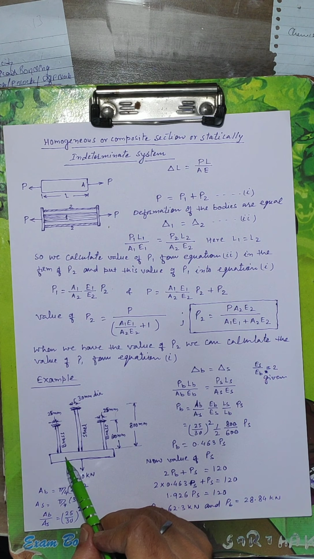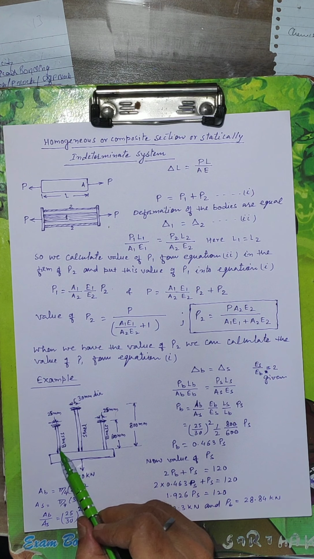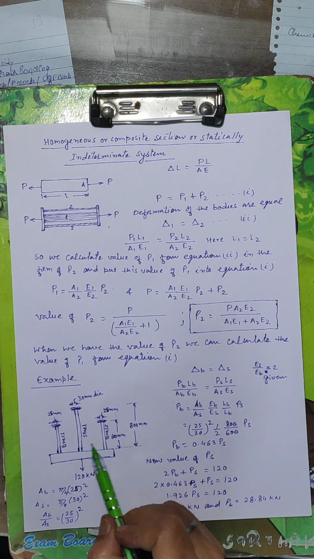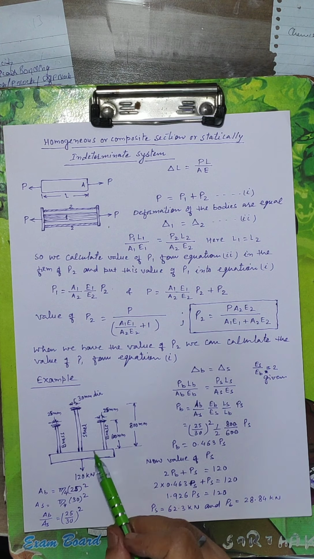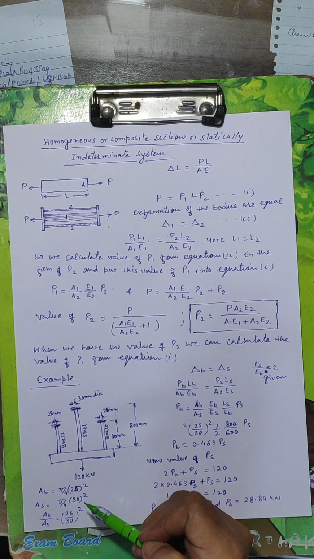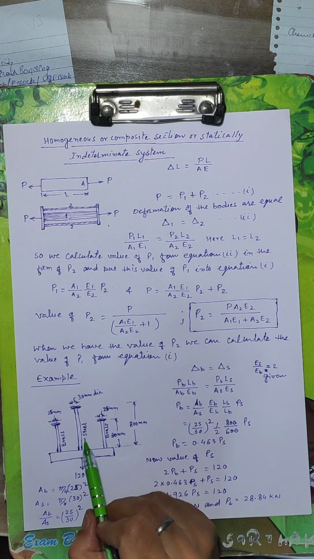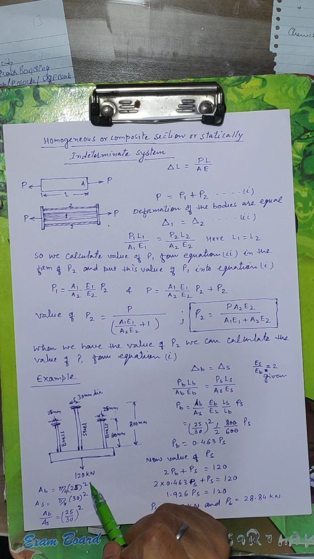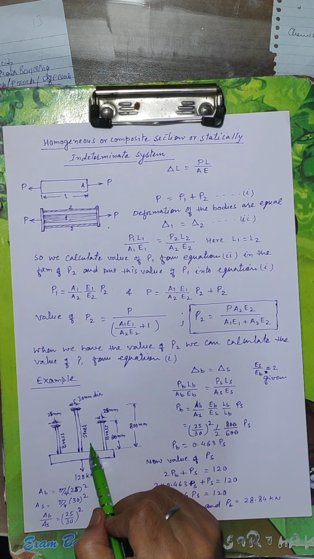The body is hanged by 3 bars, 2 bars of brass and 1 bar of steel. 120 kilonewtons force is acting downward, pulling these 3 bars downward. So we have to calculate the load. This 120 kilonewton is shared by brass and steel.